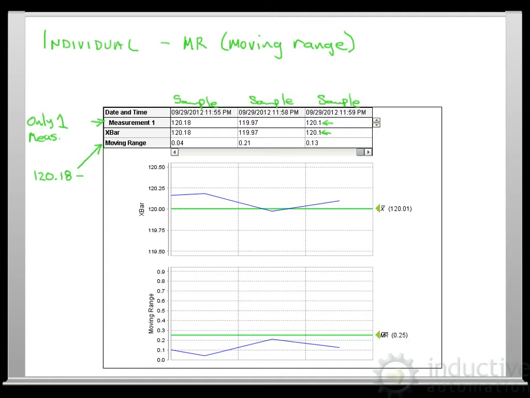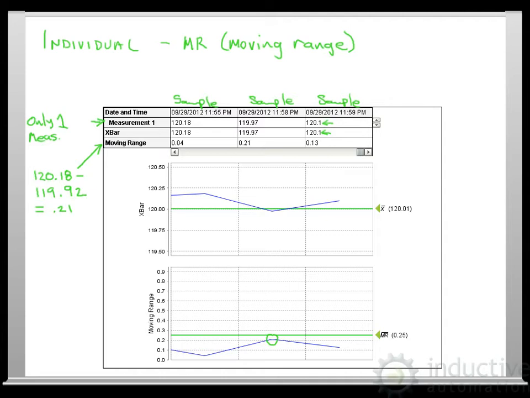That's here. And we subtract this sample value, 119.97, and that equals our 0.21 here. And then we plot out 0.21 here. So that's where we get the moving range. We're moving across our samples to calculate our range.